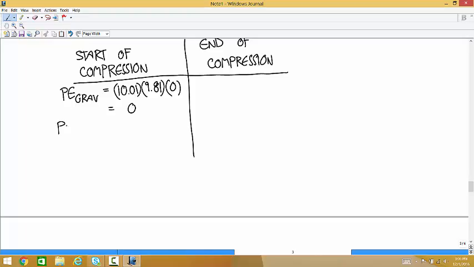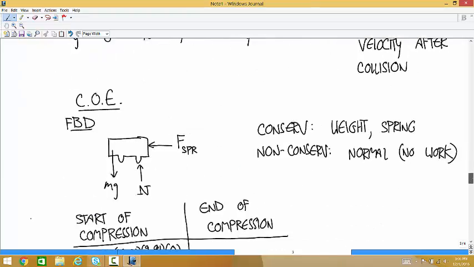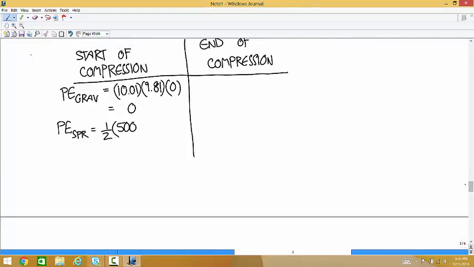Then we have the spring potential energy. That's equal to 1/2 times, what did I say, 500 was the constant? The spring constant is 500. And then at the start of the compression, how much is the spring compressed?